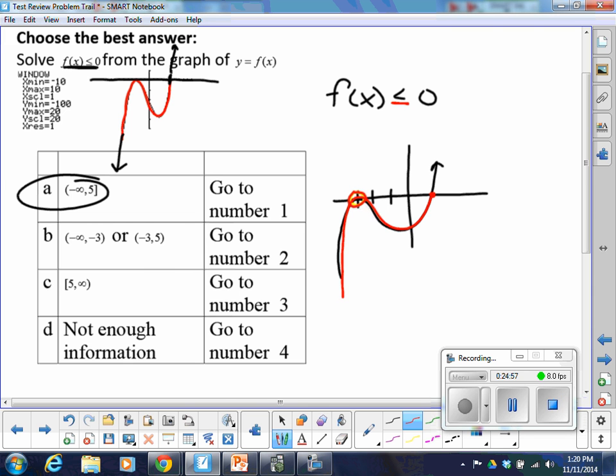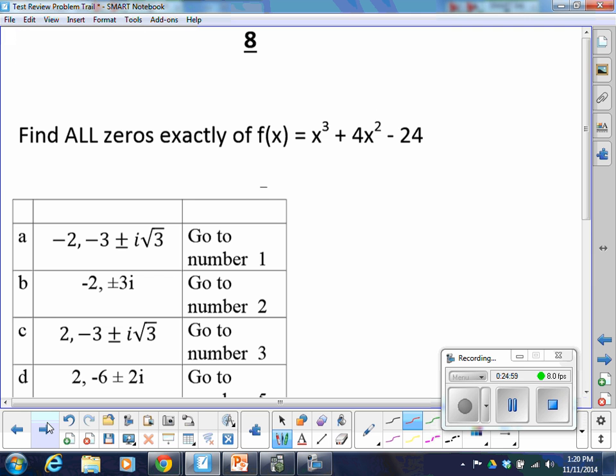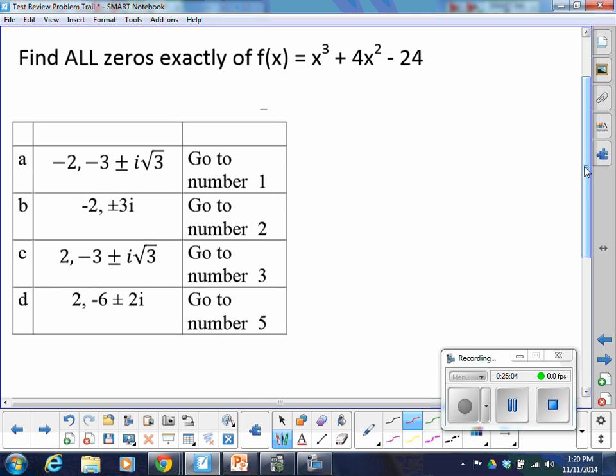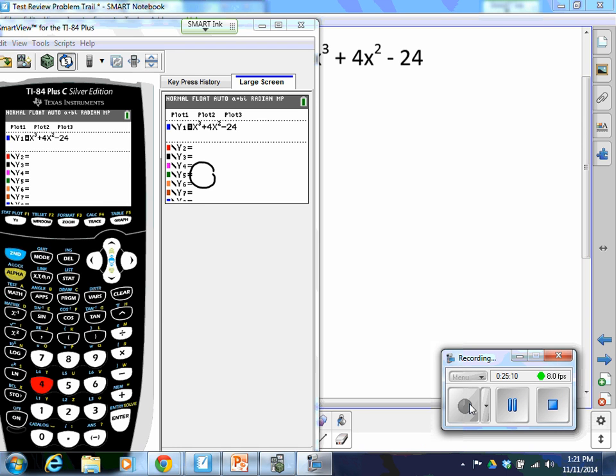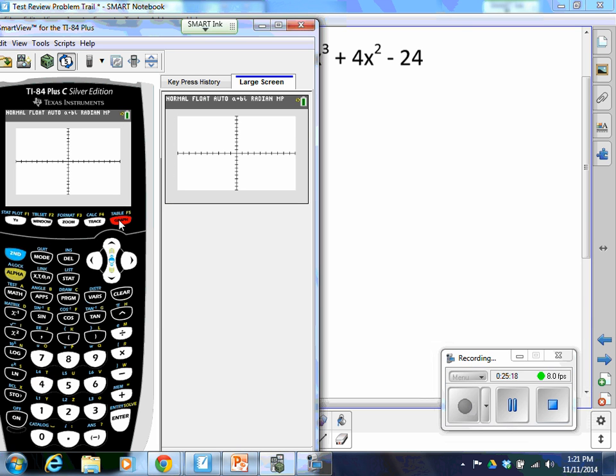Okay, and our last one, let's find all the zeros exactly. So again, it doesn't look like they gave you any of them, so why don't we start out with a graph and see if we can get anything to help us. Okay, so I went into my y equals, typed the equation in. Let's see if the graph gives us anything to work with here, and it looks like, there it goes.